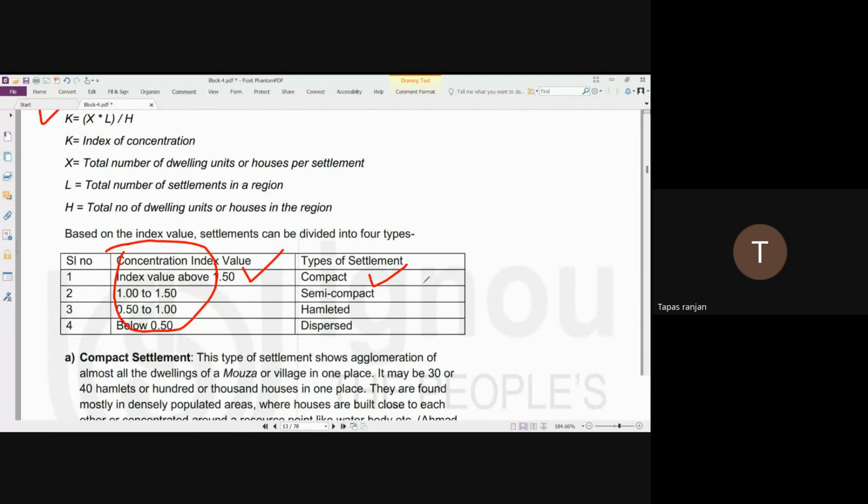The space between the houses or between the settlements is very close. If the value comes in and around 1 to 1.5, then it is semi-nucleated or semi-compact. If the value is between 0.5 to 1, then those settlements can be termed hamleted settlements. And if the value comes below 0.5, then those can be identified as dispersed settlements.